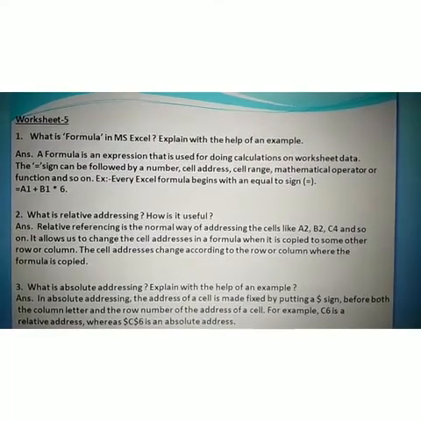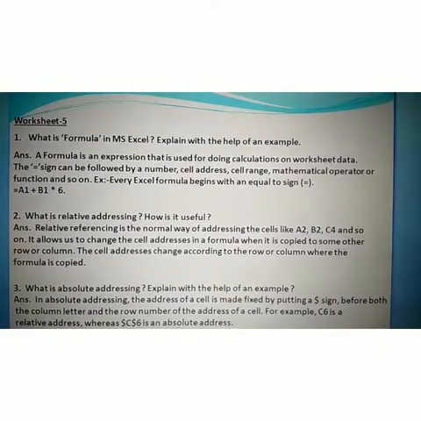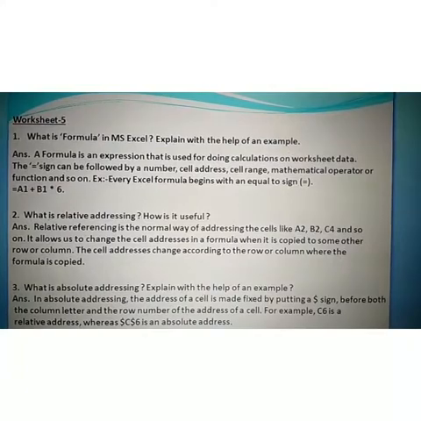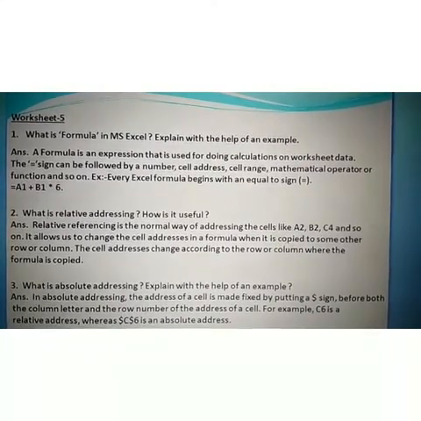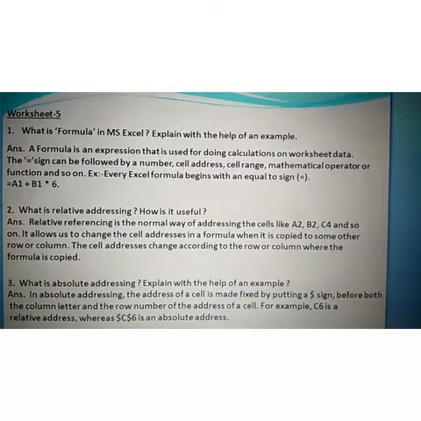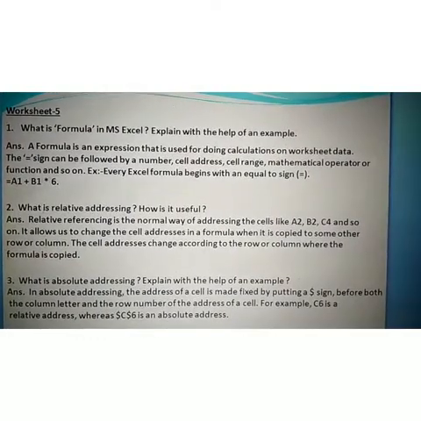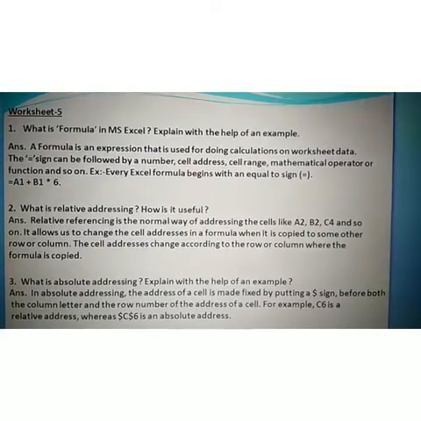It allows us to change the cell address in a formula, and when it is copied to some other row or column, the cell addresses change according to the row or column where the formula is copied. So that is the answer of the second question, relative addressing.